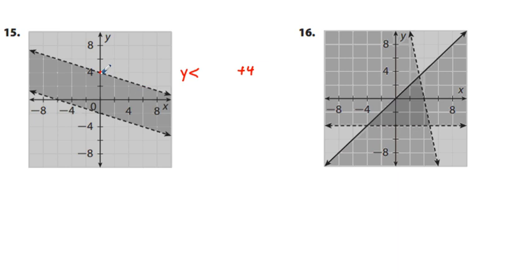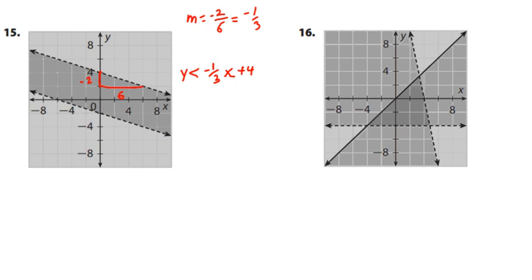And then as far as what the slope is, looks like we have a negative slope. So we're going to go this boundary line down 2, and then to the right, looks like we're going right 6 units. So our m is going to be -2 over 6, which reduces to -1/3. So we have y is less than negative 1/3 x plus 4.